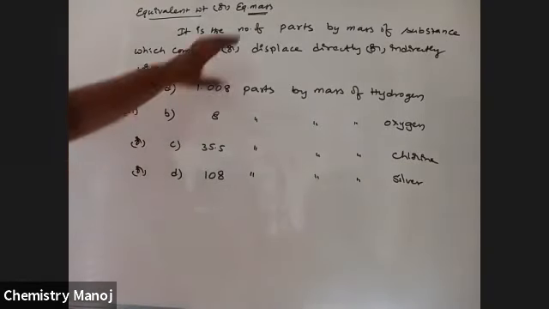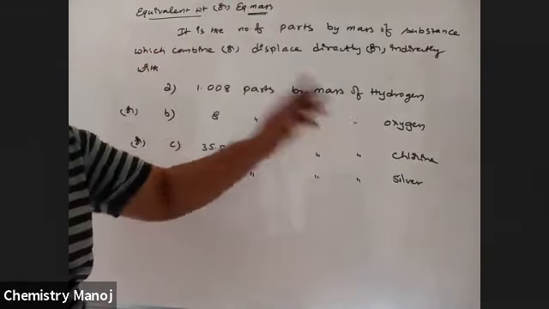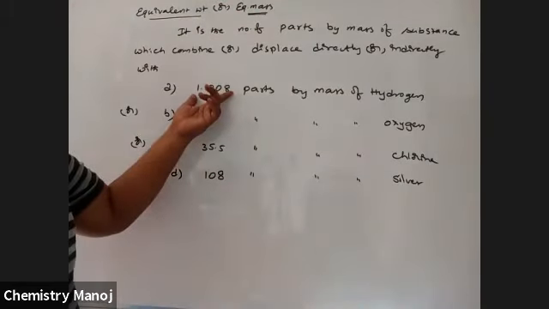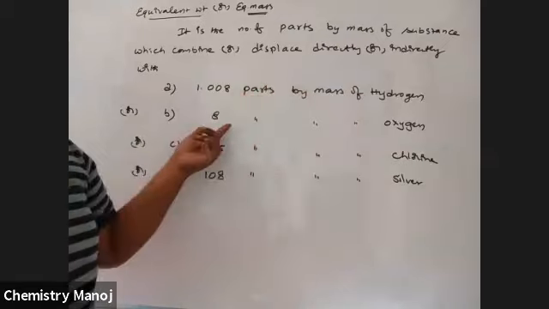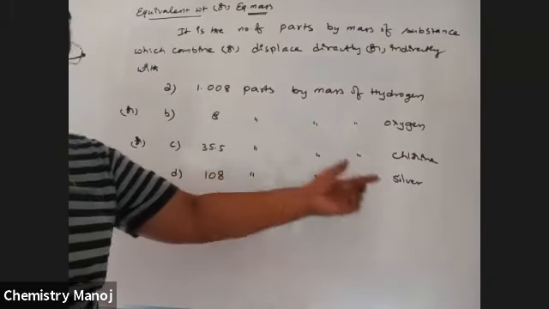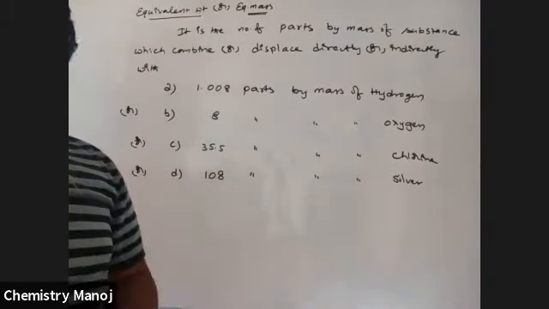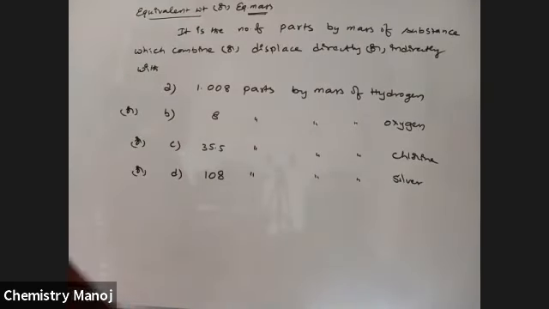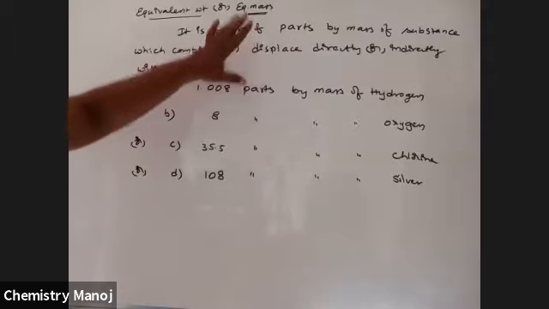So that means how many parts by mass of that particular substance react, directly or indirectly, with 1.008 parts of hydrogen or 8 parts of oxygen or 35.5 parts of chlorine or 108 parts of silver. So this is the equivalent weight of a substance.